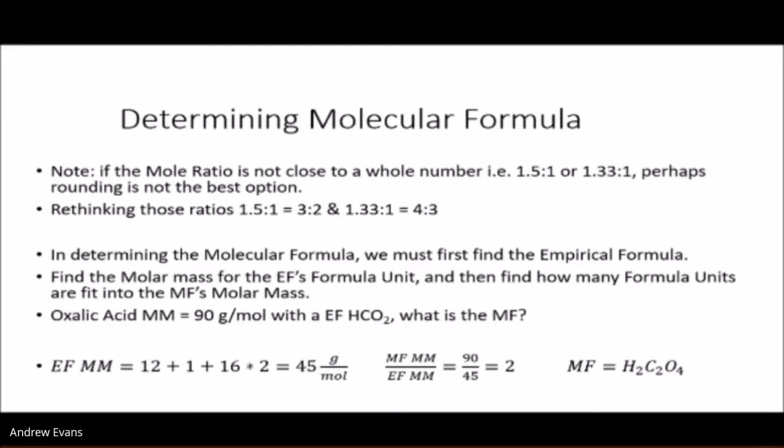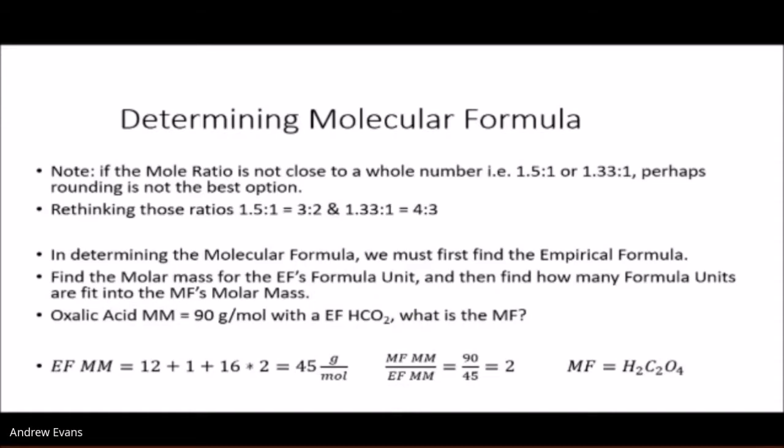Oxalic acid would have a molar mass of 90 grams per mole. The empirical formula of oxalic acid is H1C1O2. If I look at the molar mass of H1C1O2, hydrogen is 1, carbon is 12, oxygen is 16, and there's 2 oxygens, so 32. 32 plus 12 is 44. 44 plus 1 is 45.